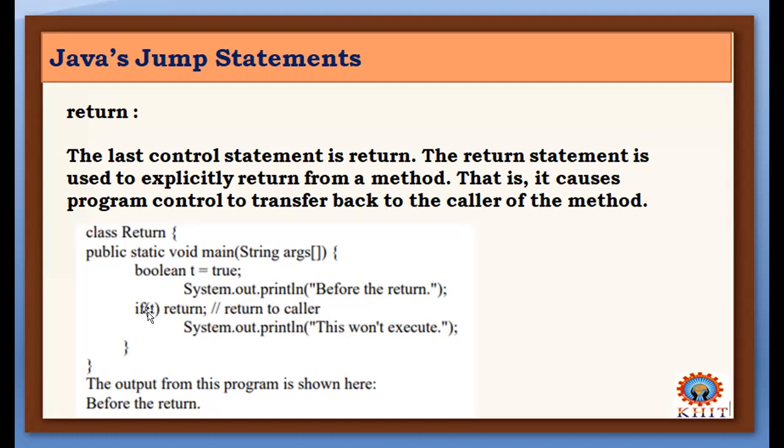Then if t means true అయితే ఏమవ్వాలి? రిటర్న్ అవ్వాలి. రిటర్న్ అంటే అక్కడికి పైకి వెళ్ళిపోవాలి. It needs to go to the main program. Okay, after that the program ends. So this statement is not executed. So as you can see here, output is only before the return. Right? So this is how we can execute the jump statements.